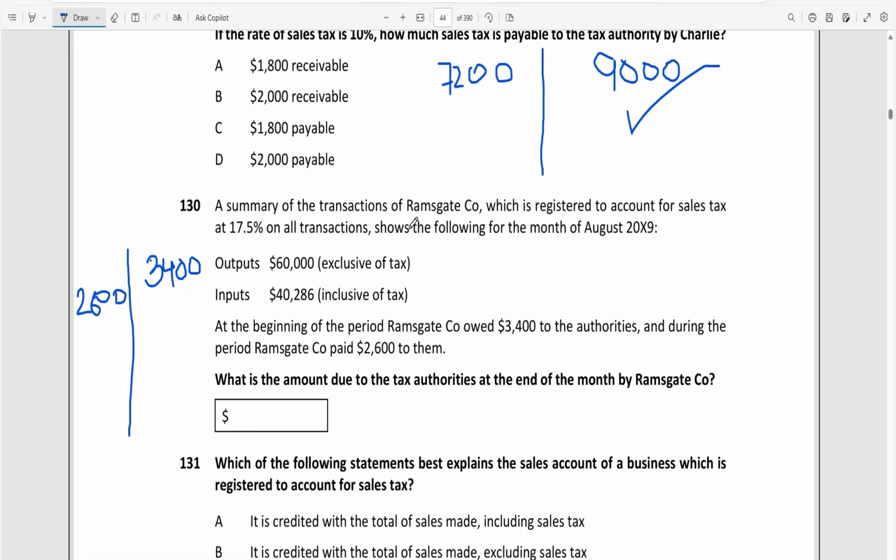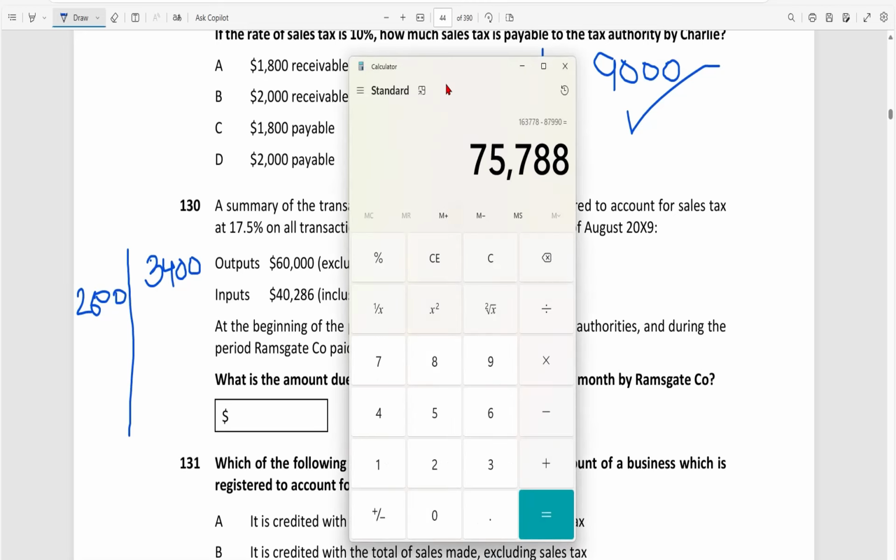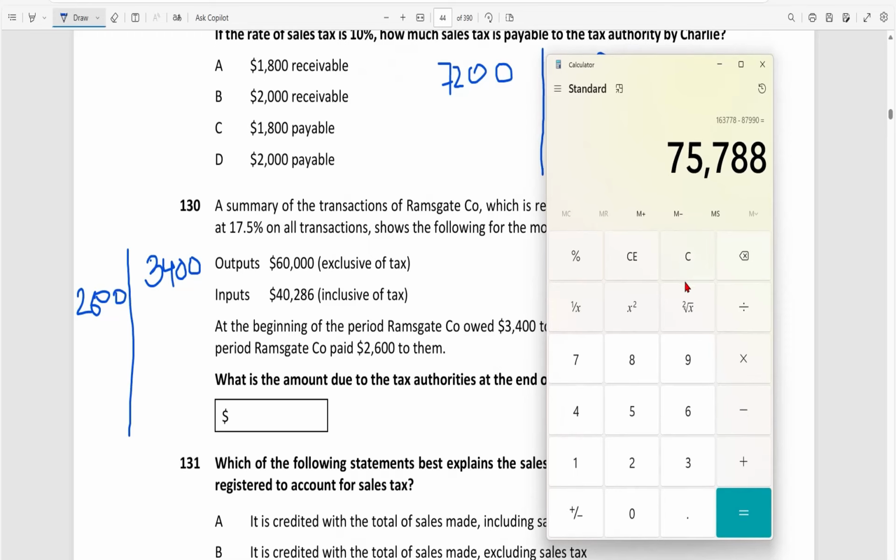And during the period the following transactions have been incurred. So on output of 60,000, and it's excluding the VAT amount, right?